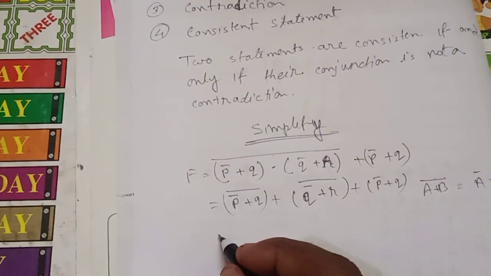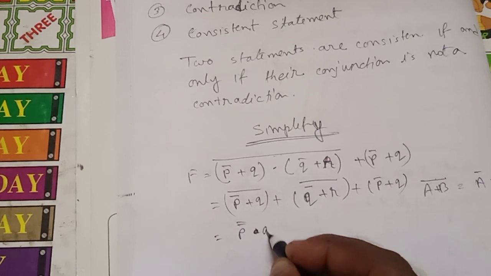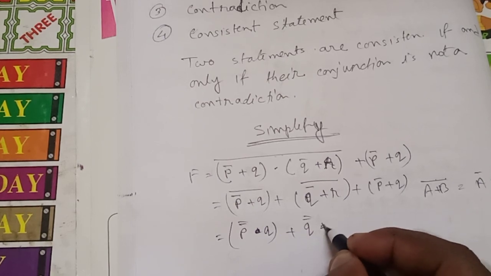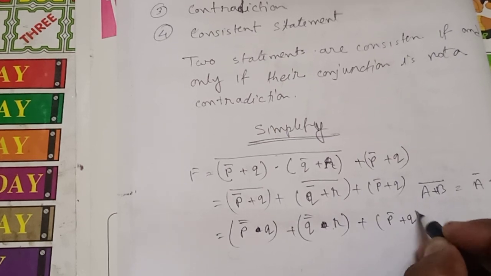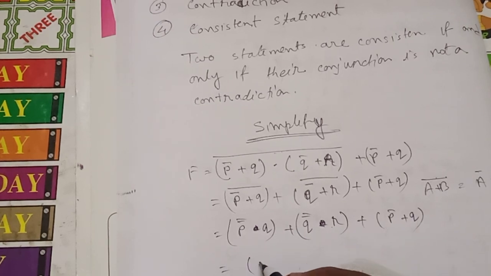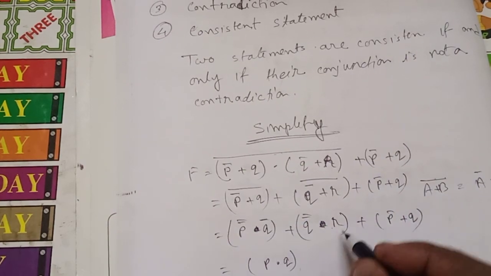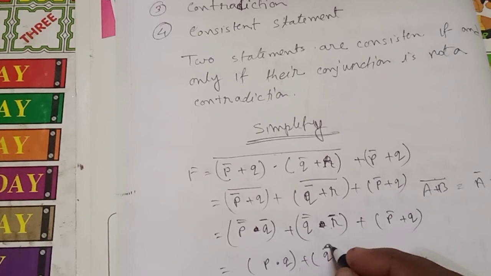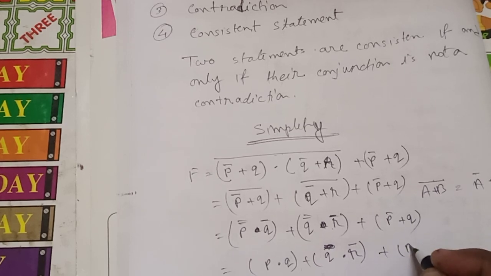If I break this one, we can write p double bar dot q bar plus q double bar dot r bar plus p bar plus q. Double bar means p dot q bar dot r bar, plus q dot r bar, plus p bar plus q.